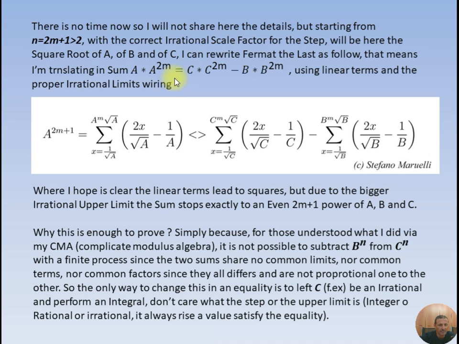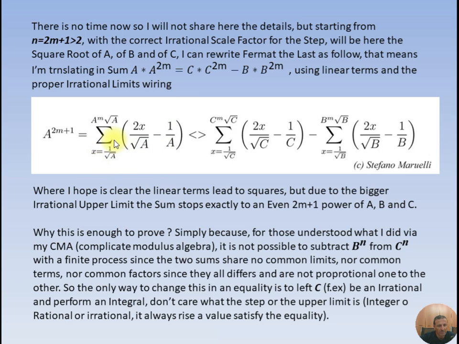We can do that because we are able to work with a third step, so we can choose 1 divided by the square root of a as a step, so we can stop at the irrational, which is a to the m by the square root of a, that is exactly a to the 2m plus 1, of the terms, of course linear terms.